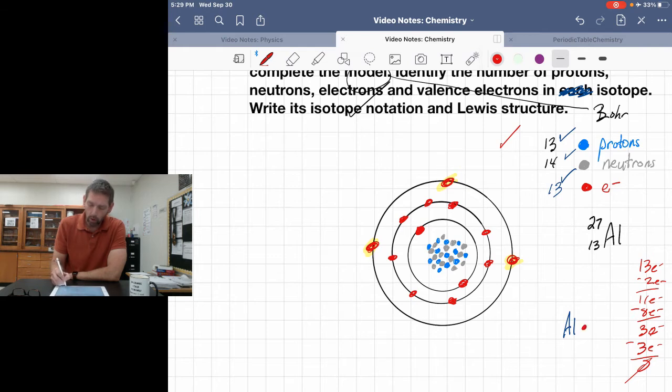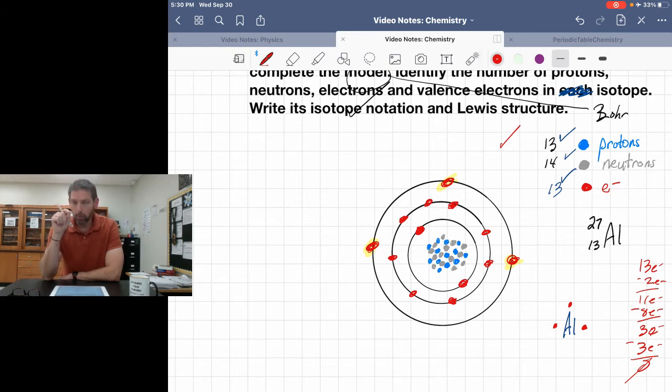So we put 1, 2, 3. And we're done. There's Lewis. Sometimes the Lewis structure is called a Lewis dot diagram. And the reason why it might be called a Lewis dot diagram is for the reason that you see here. You have the element symbol, and then you literally just put the number of valence electrons that are orbiting the atom.